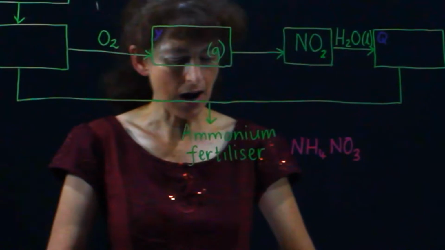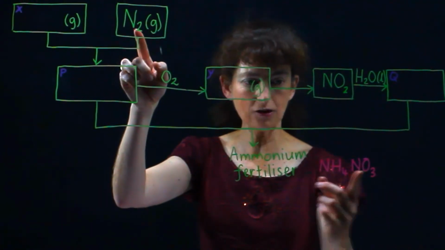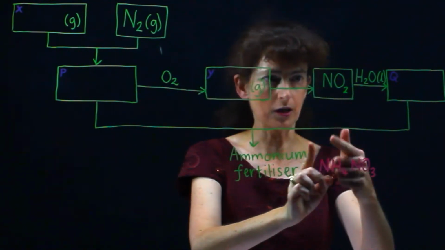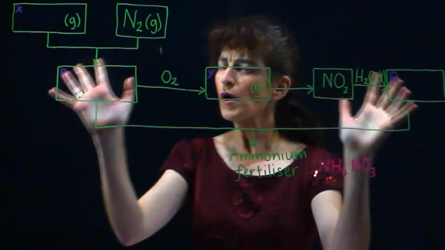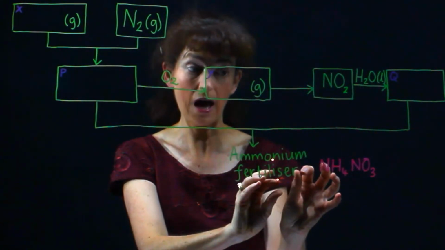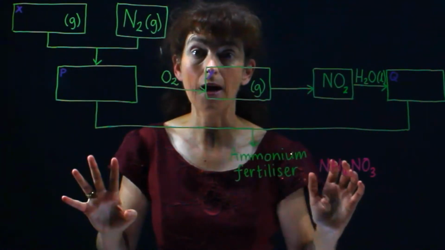So it's unsurprising that to get to that, we're going to need some nitrogen and some oxygen. So now, what exactly is the process to get from these to that, and what are the missing gaps?